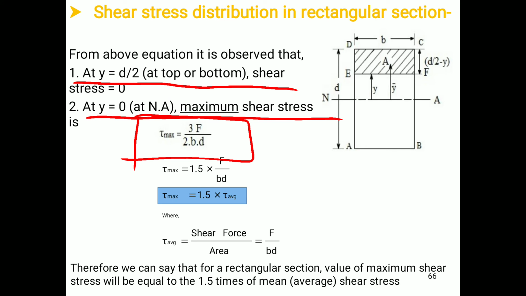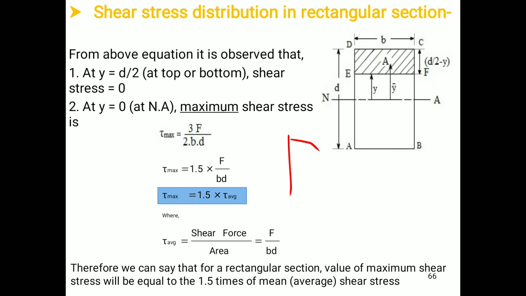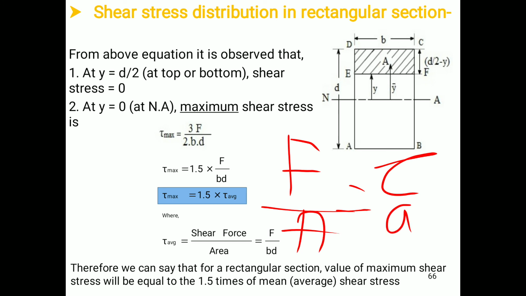3 by 2 F upon b d, and we know that 3 by 2 is nothing but 1.5 into F upon b d. Now F upon b d is nothing but force upon area. Remember that F upon b d is the force upon area. Therefore force upon area is nothing but a shear stress, and that will be the average shear stress.